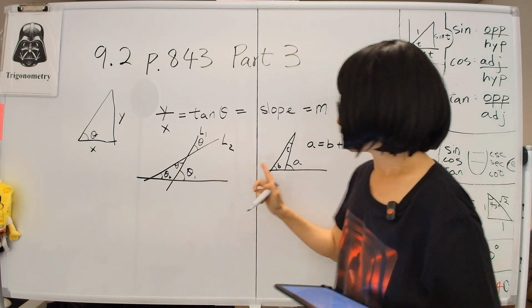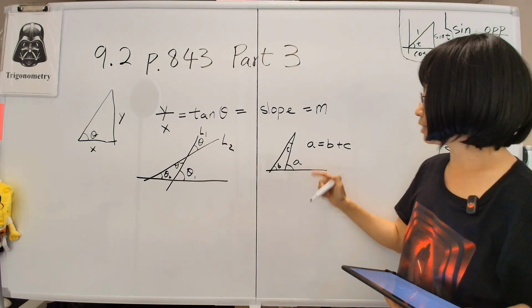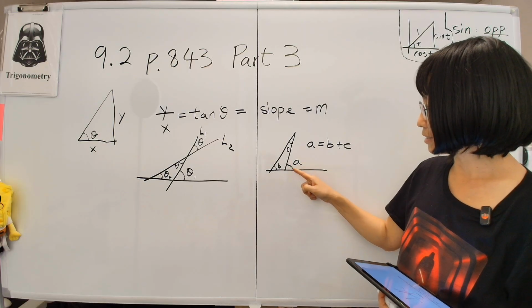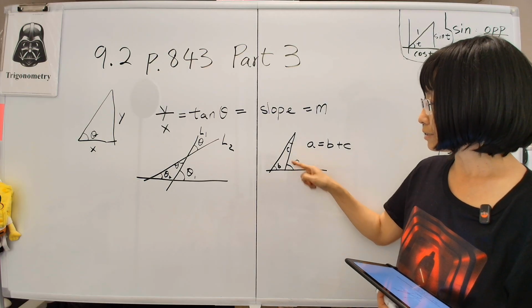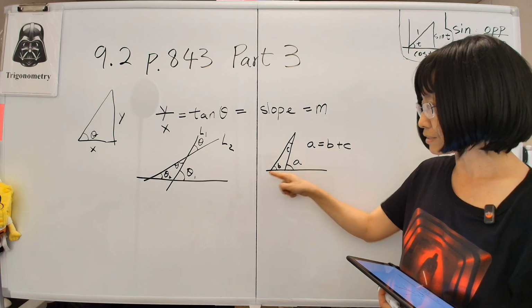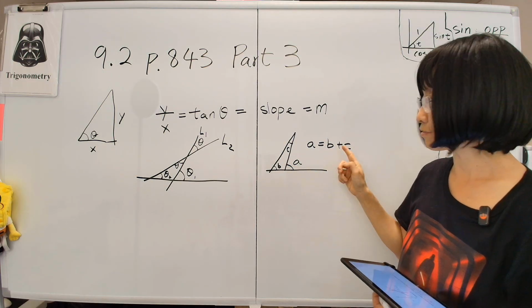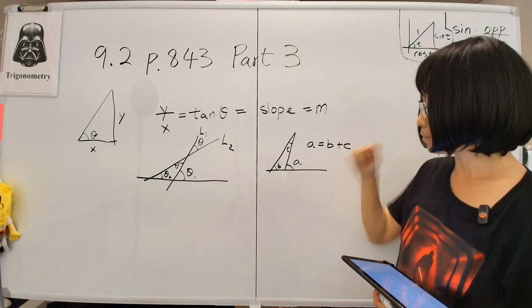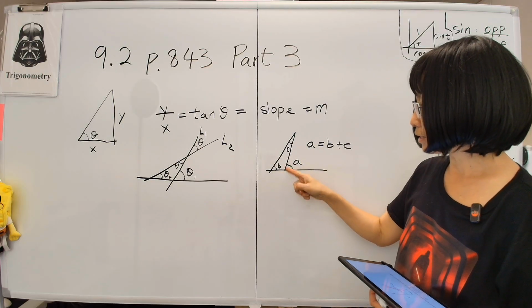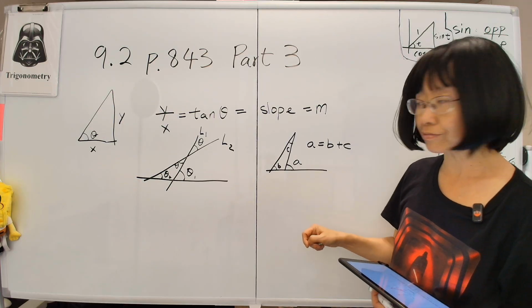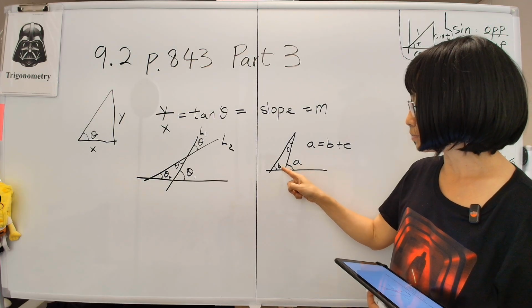Now from geometry, you might remember, if you have taken it, that if this is a triangle, then the angle A out here equals the sum of the two opposite angles, B plus C. That's a fact from geometry. The reason is that the three angles in the triangle add up to 180 degrees, and so does A add up to this angle.